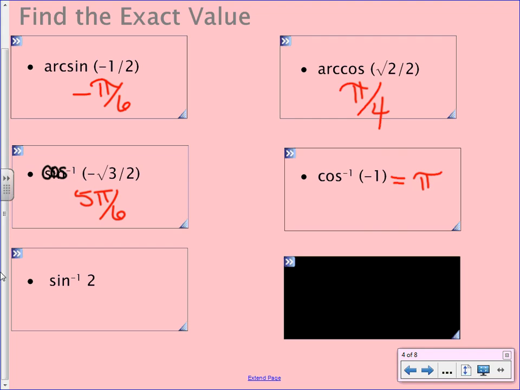Okay, what's our domain for inverse sine? Negative 1 to 1. Does 2 fall between negative 1 and 1? No, we cannot plug it into the inverse sine. So this is undefined. Okay, please be careful. Watch for that.